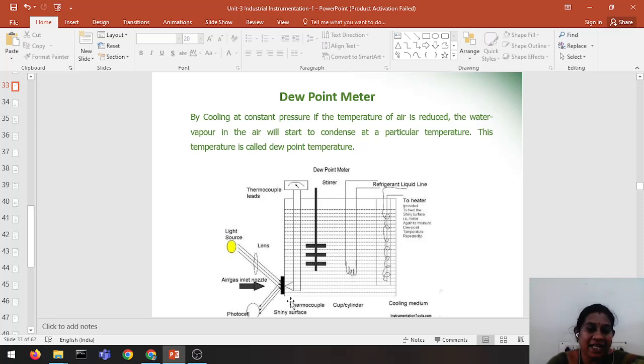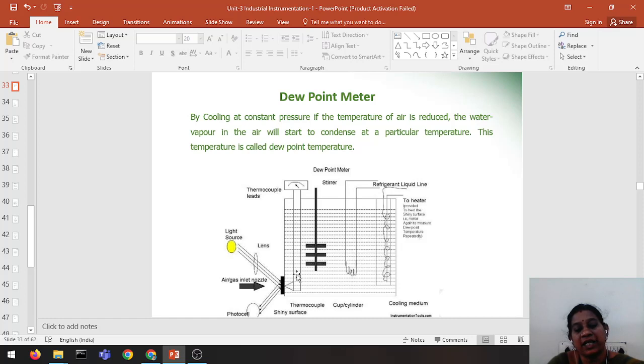Next, a light source which is constantly focusing on the mirror, and a photocell to detect the amount of light reflected from the mirror. So this is the construction of the dew point meter.